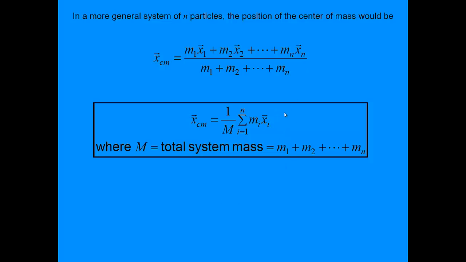Okay, so this is the better one-dimensional equation. And we'll do a couple of examples of this so you can see how I can expand this summation out. So it's 1 over the total mass times the sum from i equals 1 to n, where n is the number of particles, of all of the mi xi's. This i equals 1 to n basically tells us how many mx's we're going to have because of how many particles we have.